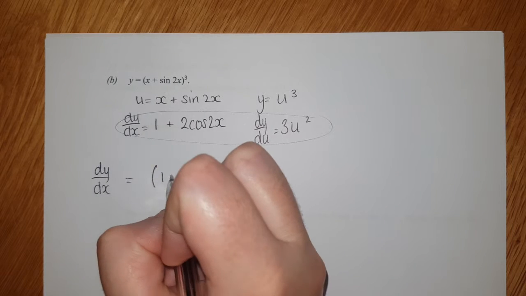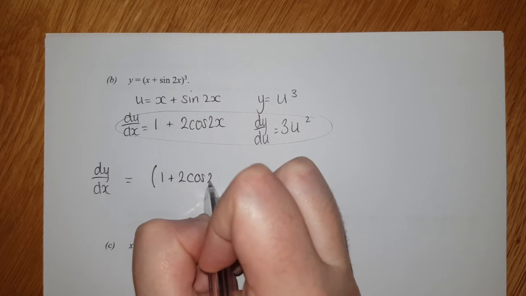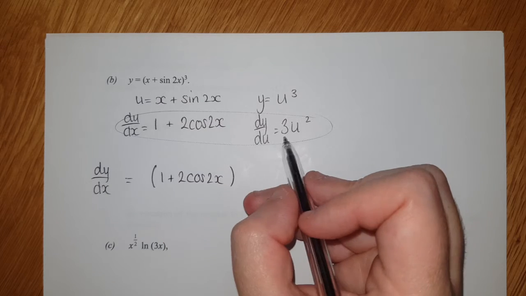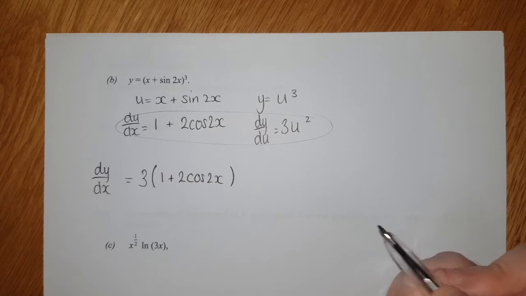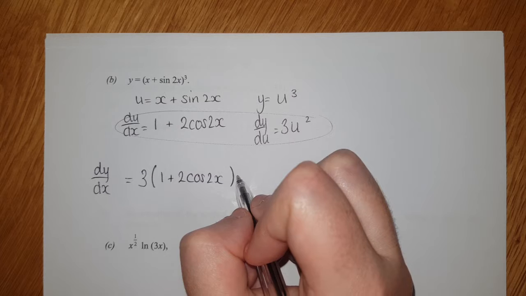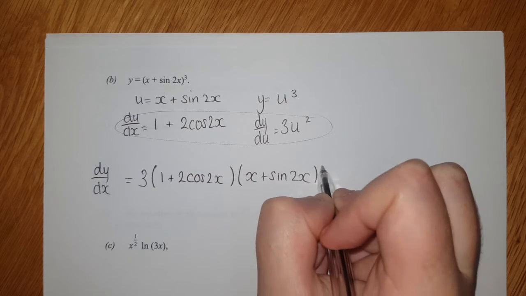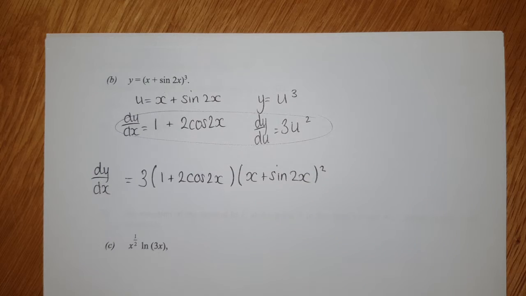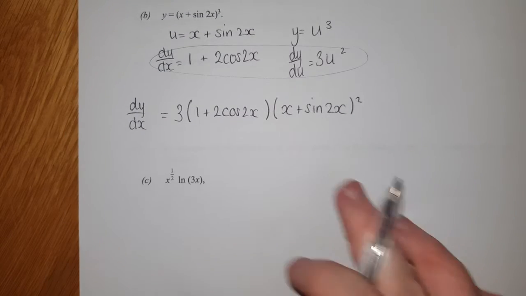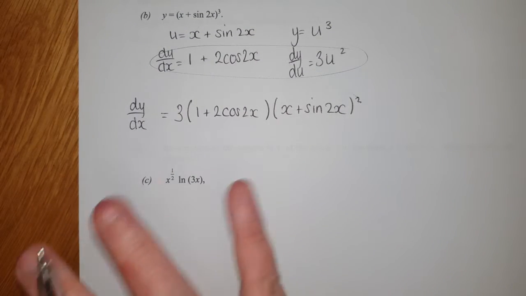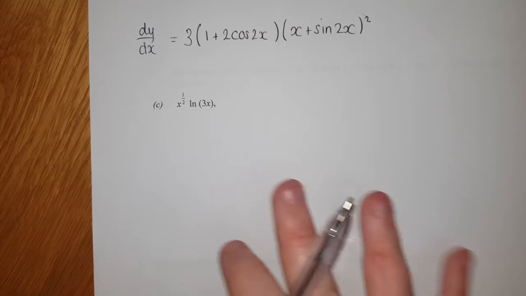So I've got 1 plus 2 cos 2x multiplied by 3. So I'm going to put that in front, and then u squared, which is x plus sine 2x all squared. Okay, there is nothing else we can do with that. That is literally going to stay as it is.